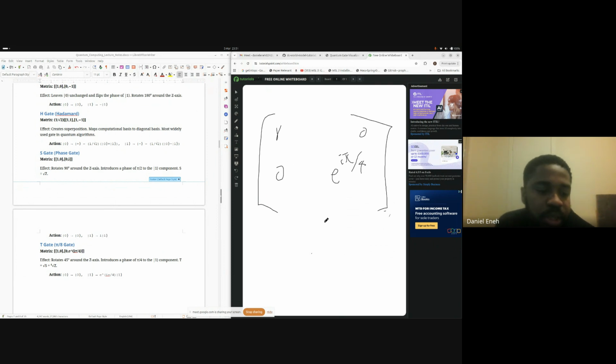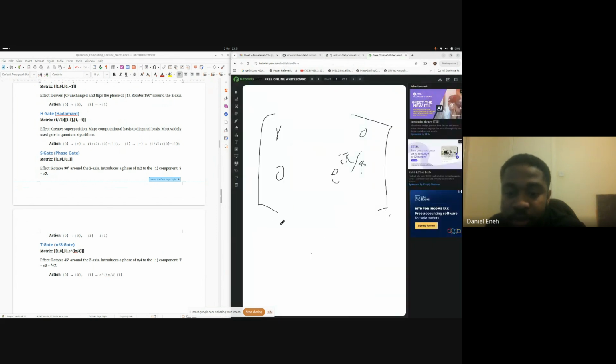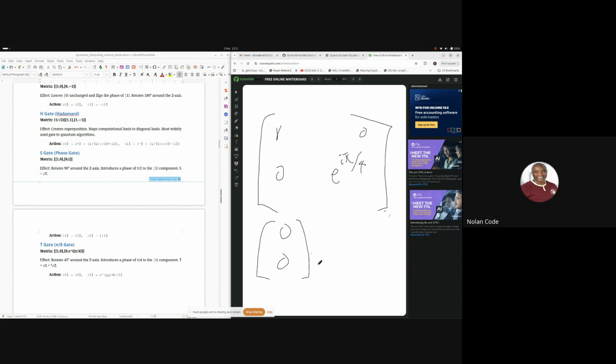That's what the T gate is. When you apply a 0, it's still 0. This playground helps you see how everything is behaving. NVIDIA is such a nice company for designing such a playground. If you try the multiplication manually, you will see what we are saying: this is what 0 is, and this is what 1 is.